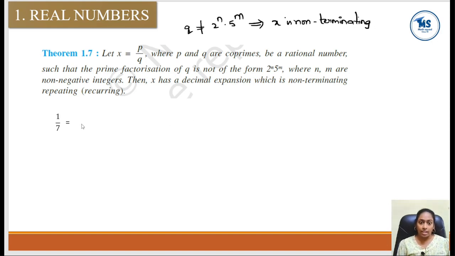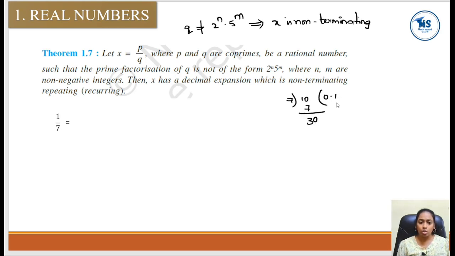So here we have one example over here, 1 by 7. Let's divide 1 with 7. So I'll take 0.0. 7 ones are 7, 3.